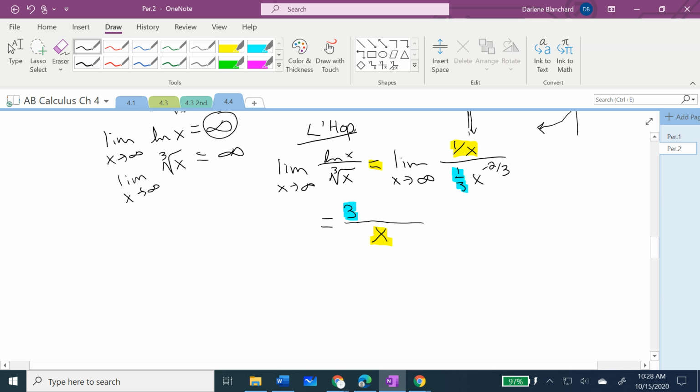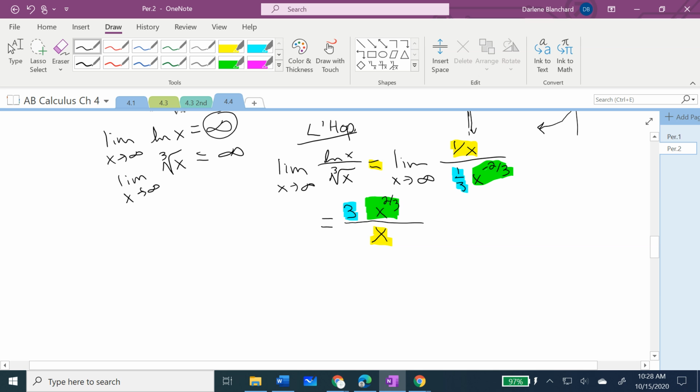Anytime you change the side of a fraction that a number is on, if you reciprocate it while you change the side, it's the same thing it was before, just in disguise. Then I have a negative exponent. That means that moves up to the numerator with a positive exponent.